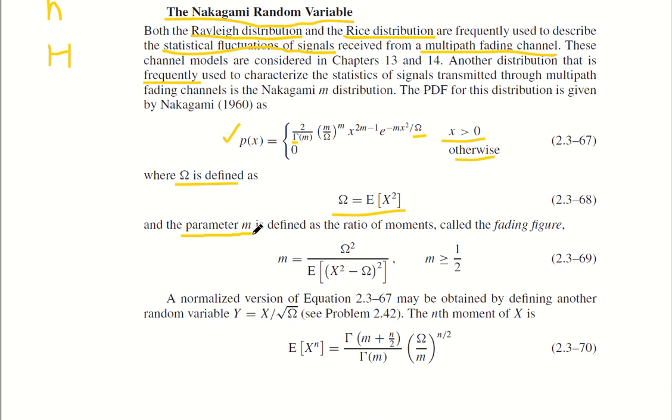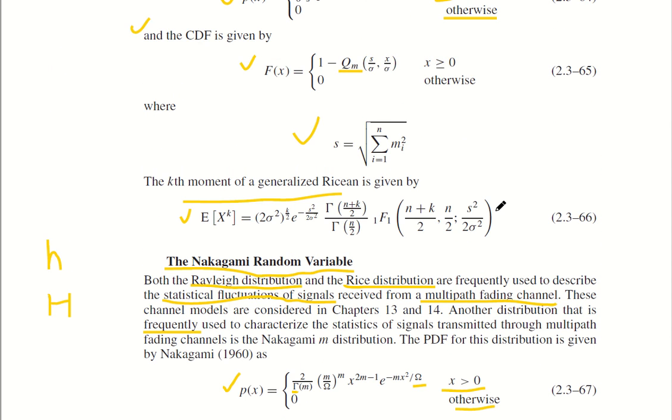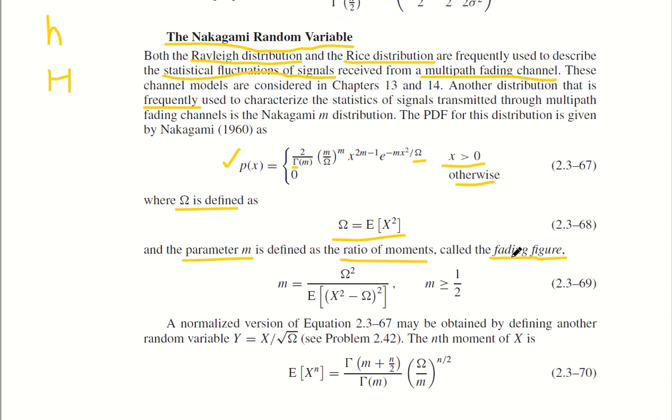And the parameter m is defined as a ratio of moments called the fading figure. This is like the K factor before in Rician, there's a Rician factor, and here we have a fading factor that is defined by omega squared divided by E of (x squared minus omega) squared.